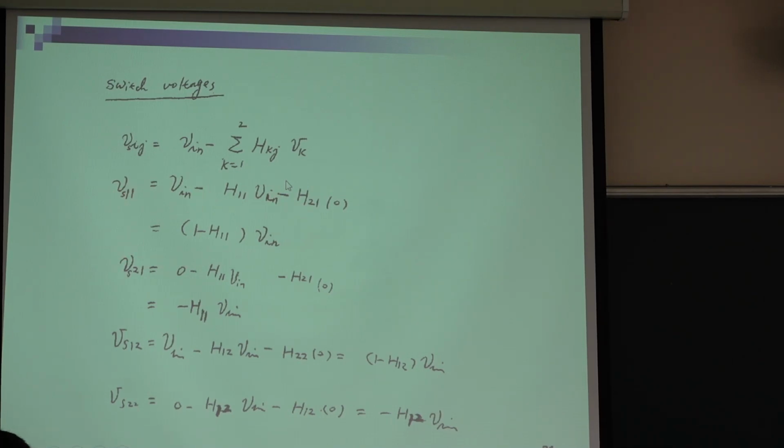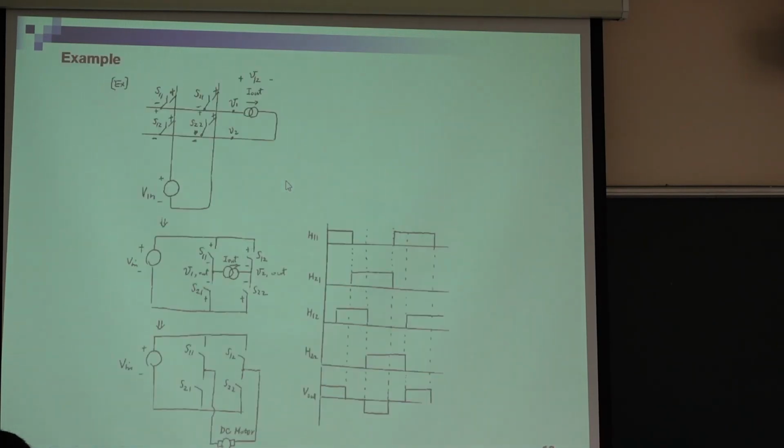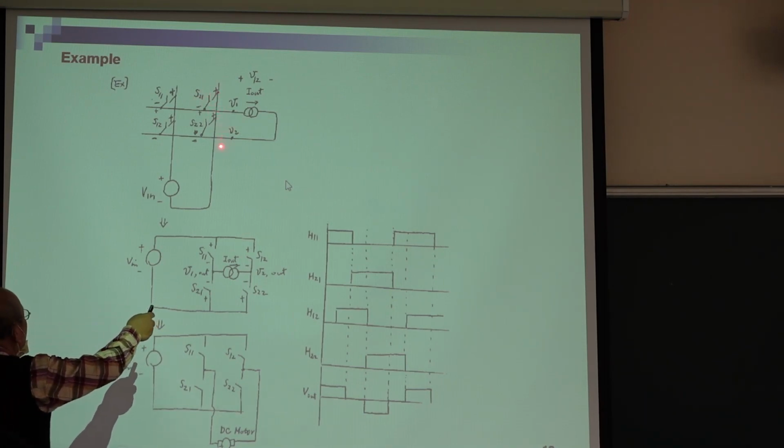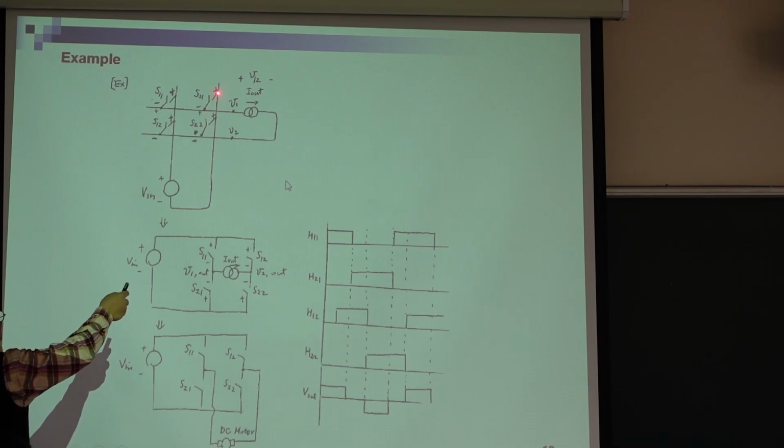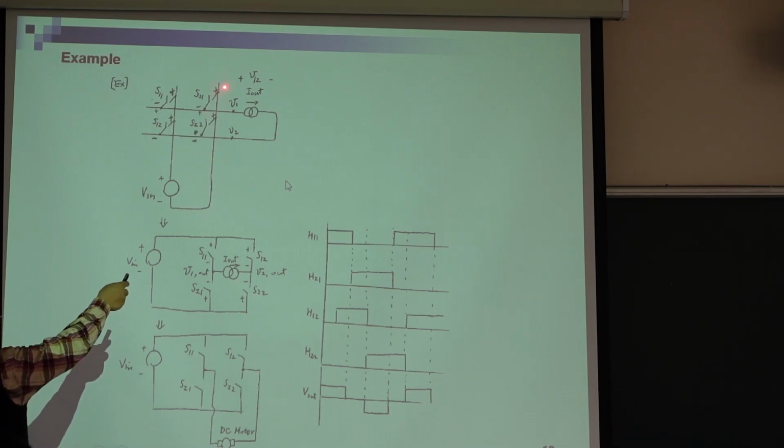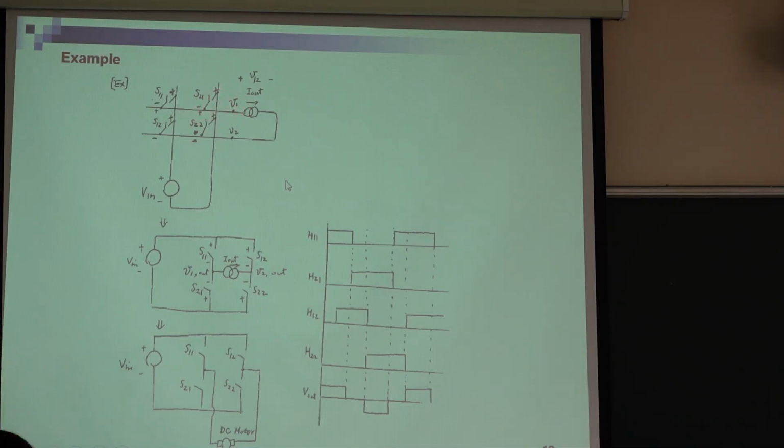How about the voltage across the S21? So now we want to learn what is the voltage across the S21. So where is S21? Here, S21. So it is this voltage. What is this voltage? 0 minus this voltage. 0 minus V1, right? So what is V1? V1 is H11 Vin plus H21 0.